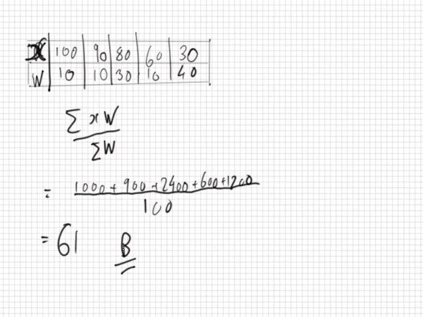But you must understand the difference. It is wrong to say you have 10 100% exams. It's wrong to say you have 10 90% exams, because those 10, 10, 30, 10, 40 are not a frequency. It's an importance level, it's a weight.